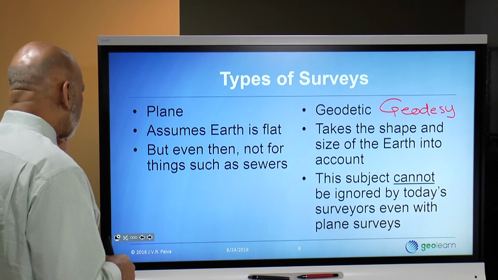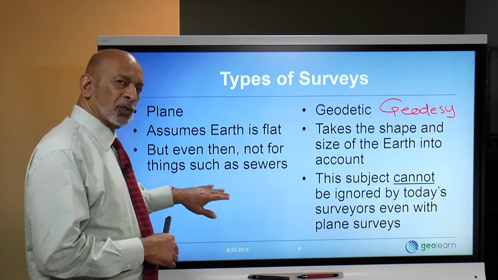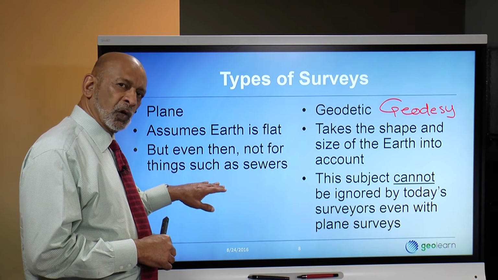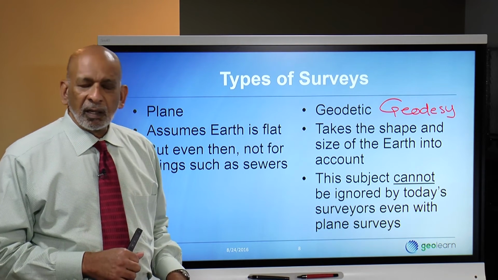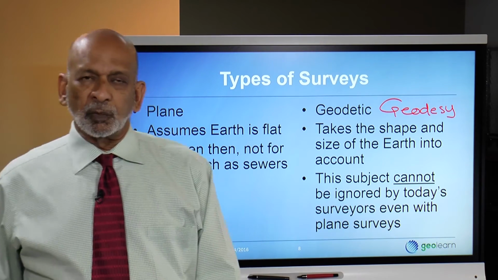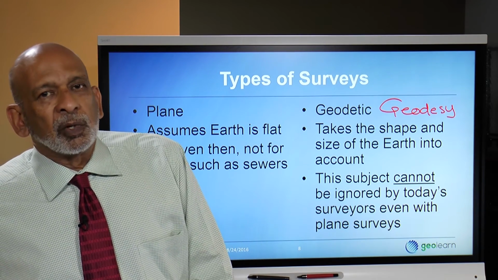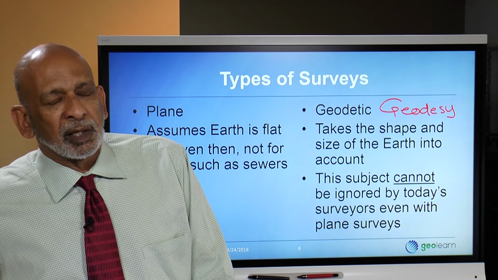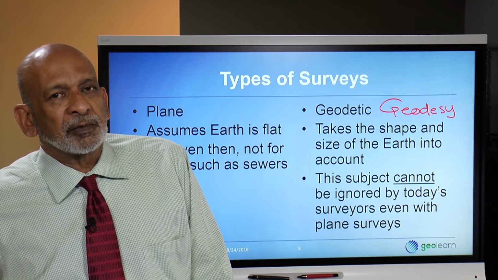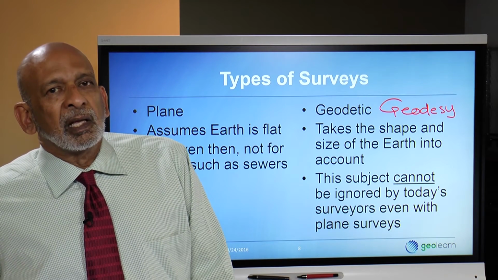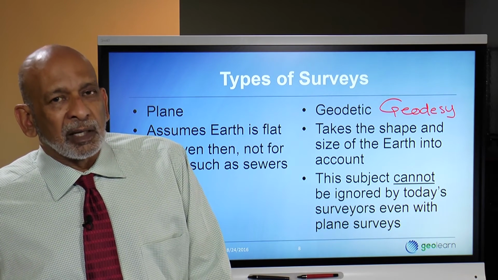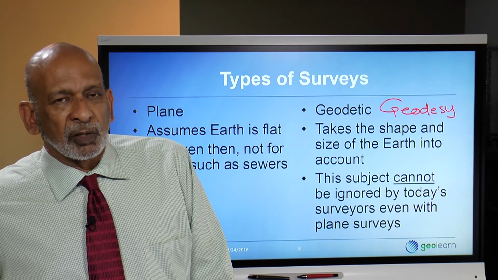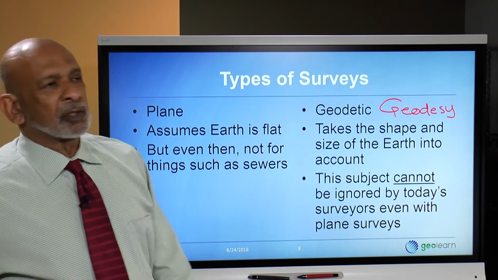But back here on plane surveying, even when we do things like sewers, we actually do not assume that the Earth is flat, because things would go incredibly haywire and all the water, whether it's storm water or sewage, would not get to where it's intended to go if you assume that the Earth is flat. So even in plane surveying, surveyors actually either knowingly or unknowingly wind up making compensations or corrections for the curved nature of the Earth.